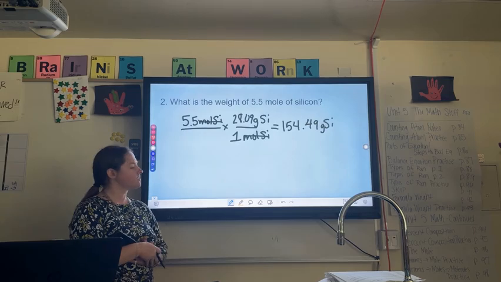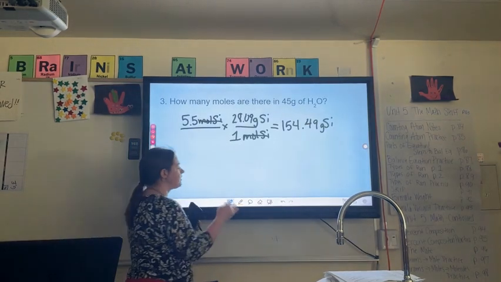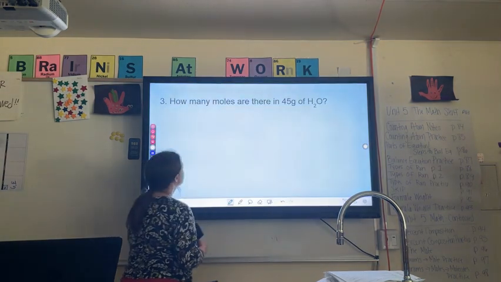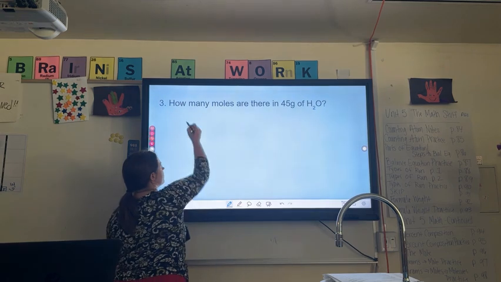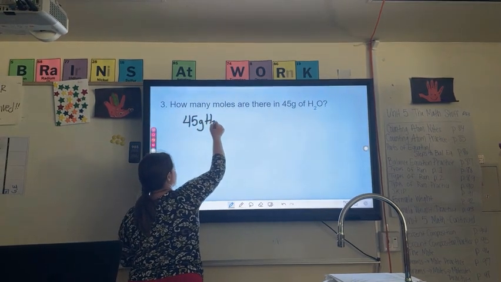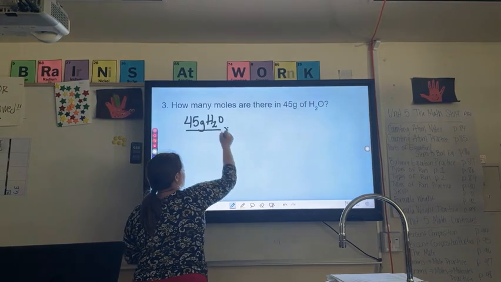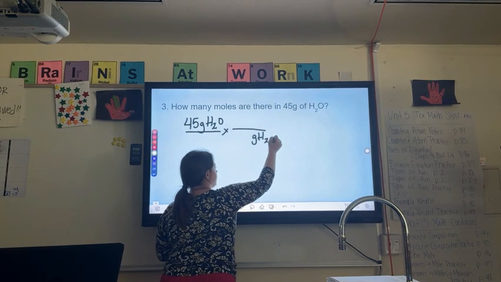Does your answer match mine? Take a few seconds to solve the problem. All right, number 3. We're going to flip it and go the opposite direction. This time it says how many moles are there in 45 grams of water. So my given this time is 45 grams of water. If I have grams of water at the top, I need grams of water at the bottom.